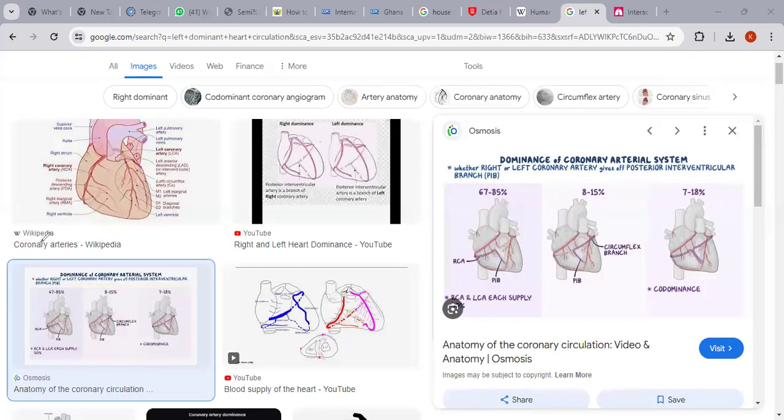If it was contributed to by the left coronary circulation, specifically the circumflex artery, then you have a left dominant heart. And if it was contributed to by both, then you have a codominant heart.